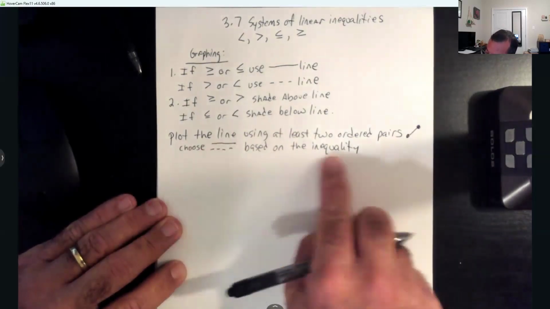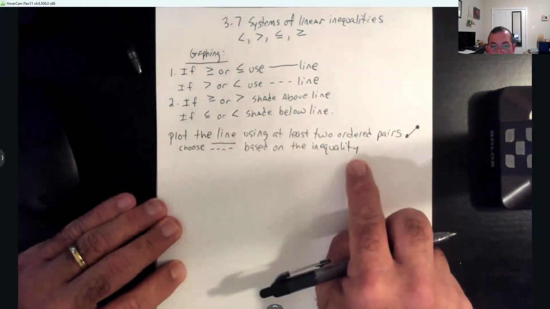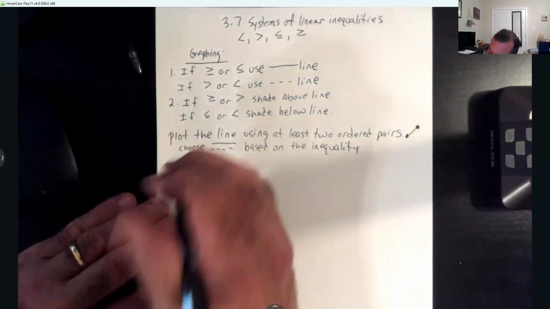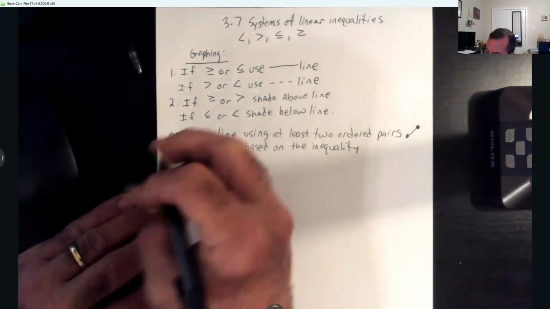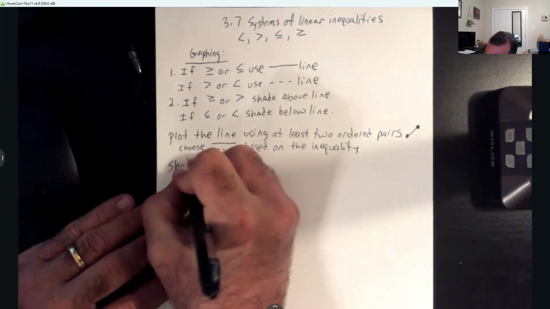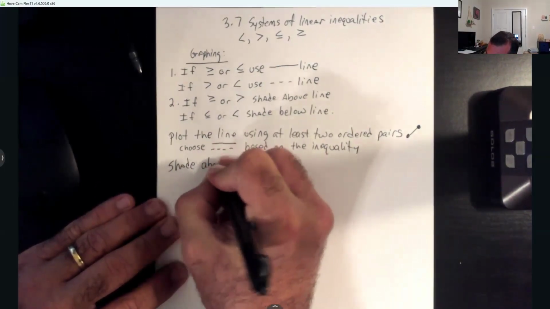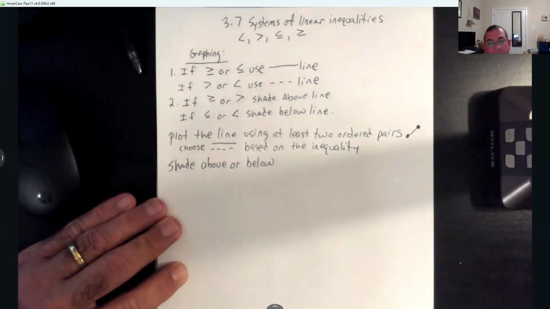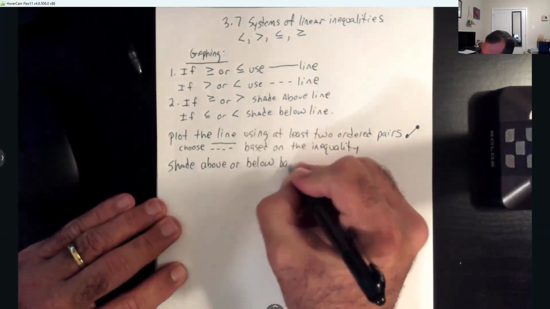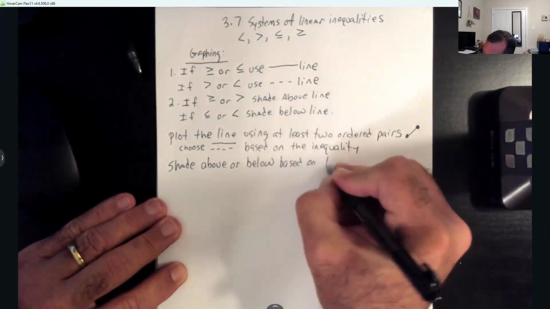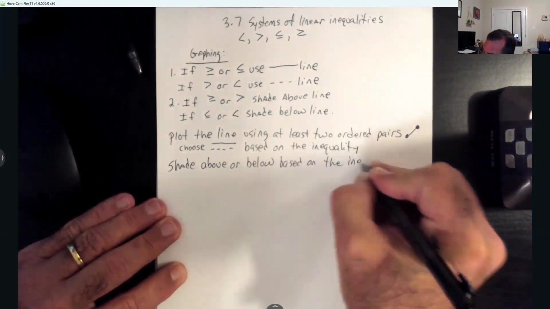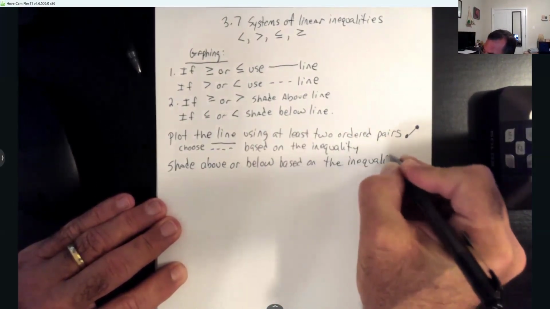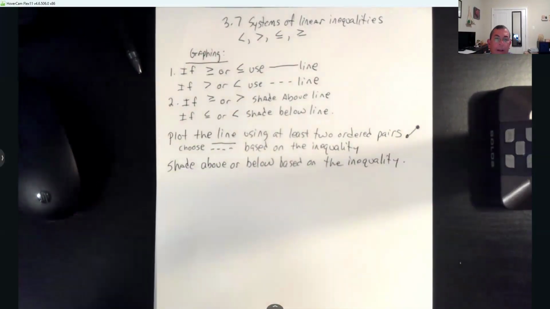Then I got my 2 points plotted. I'm going to decide, do I shade above or below, based on that inequality? Okay, now here's the thing.